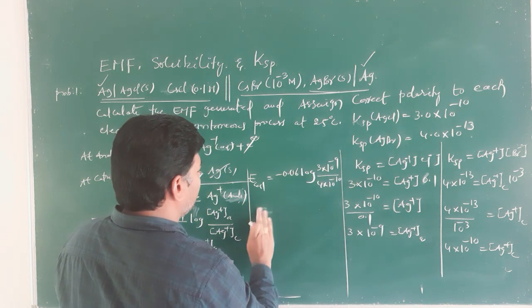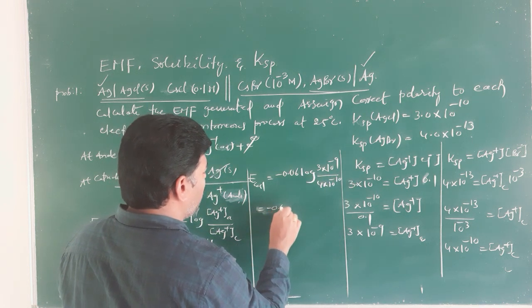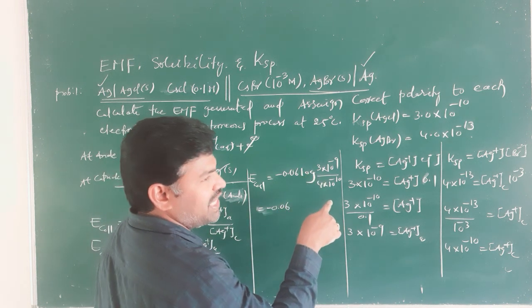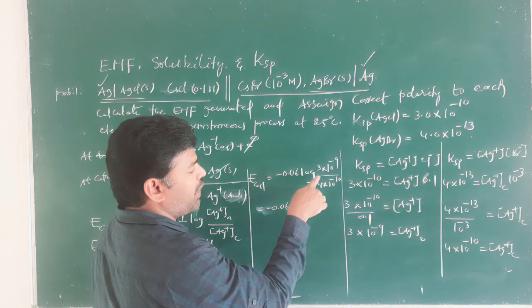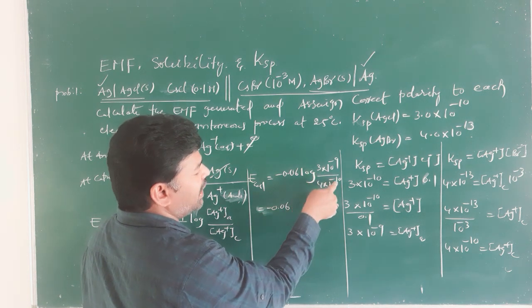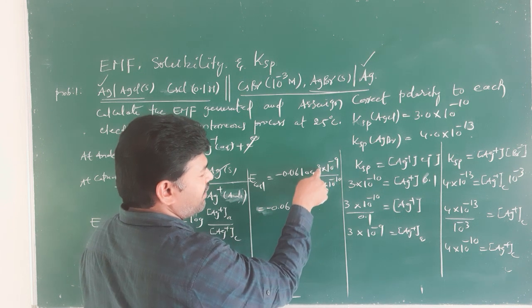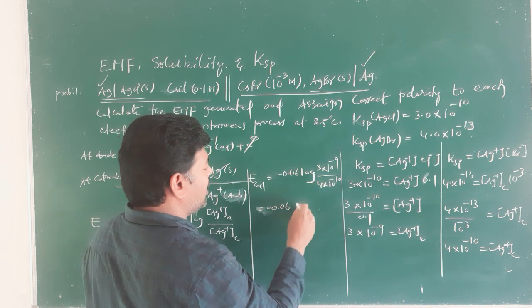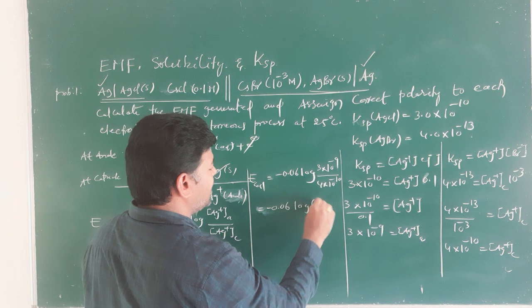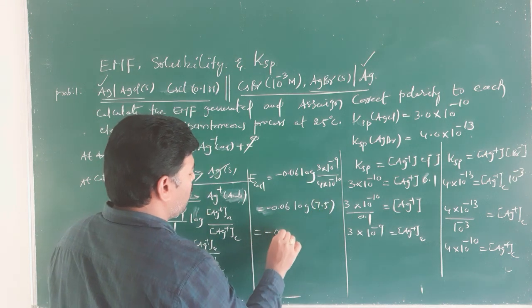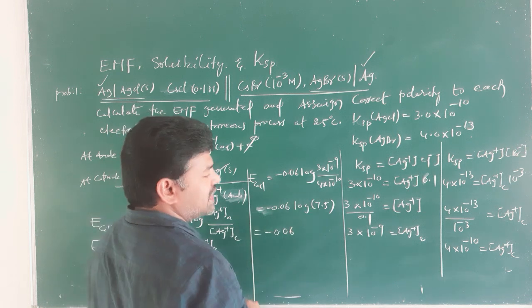So, this is minus 0.06, 3 by 4, 3 by 4 means 75%, that is 0.75, and there is a 10, 0.75 into 10, that is log 7.5. So, this is minus 0.06 log 7.5.